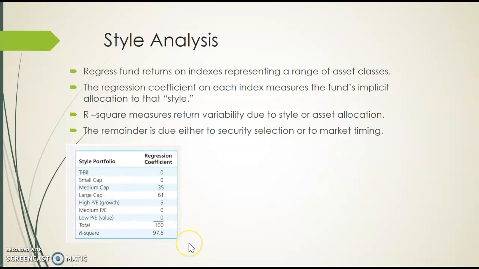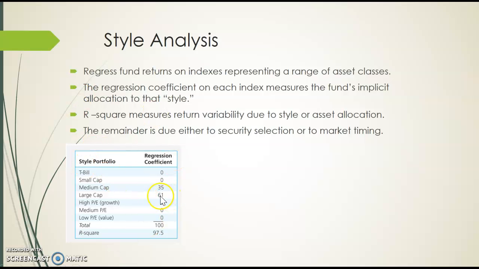So remember the R-squared tells you the percentage variation in your dependent variable explained by the regression. So this is saying with an R-squared of 97.5 that our different style portfolios did a really good job of explaining our portfolio's performance.